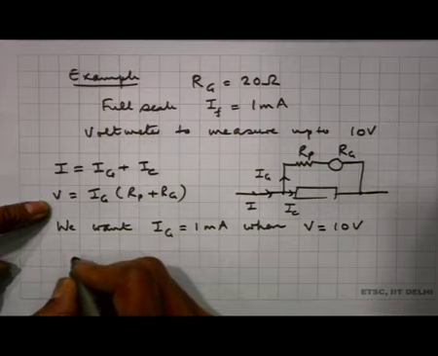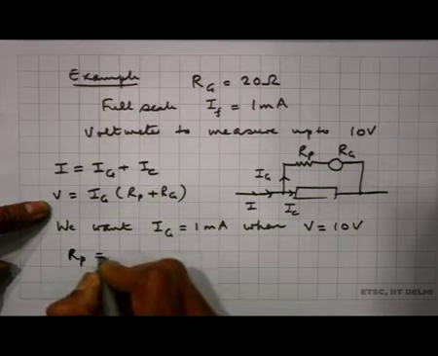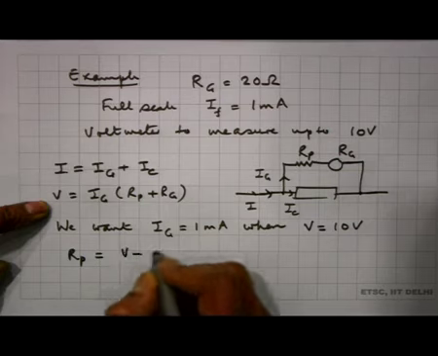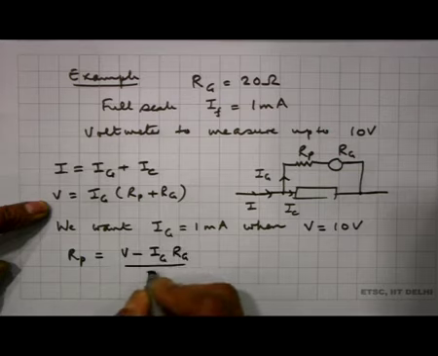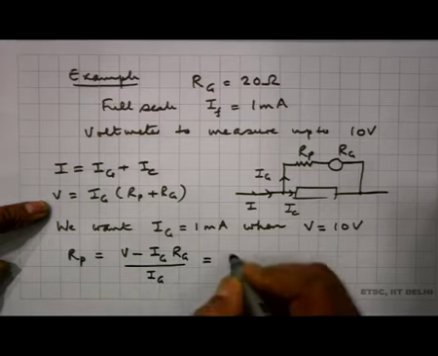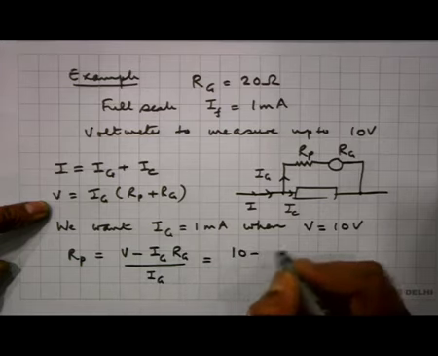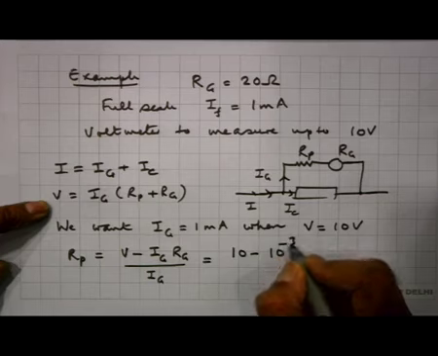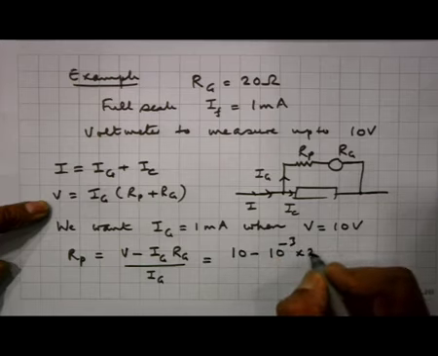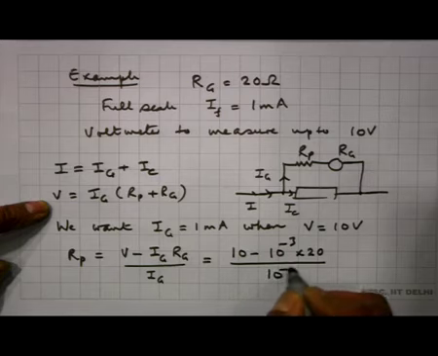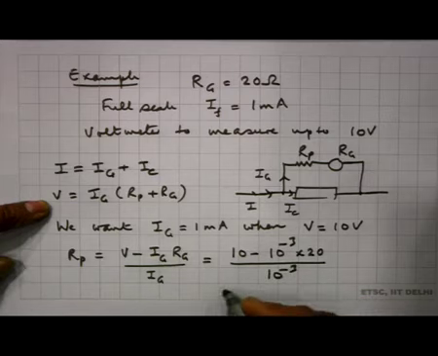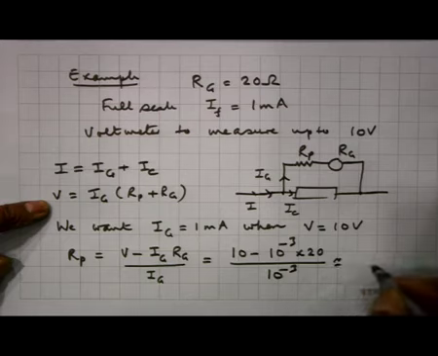I will get Rp is equal to (V minus Ig Rg) by Ig, which is equal to 10 minus Ig, which is 1 milliampere, into Rg, which is 20 ohms, divided by Ig, which is 10 to the minus 3, which is approximately 9,980 ohms.